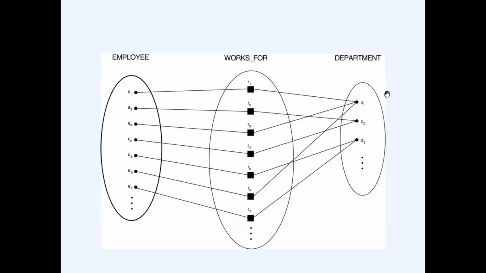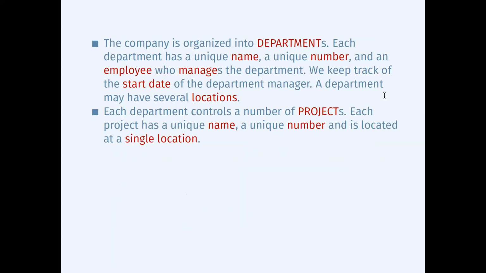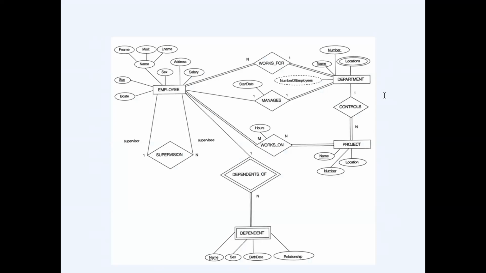So let's look at our description side. So you can see here, these are entities. These are relations. Entities, this is relation. Then entities, controls, and we have departments. So when you say employee works on project, one employee can work for many projects.